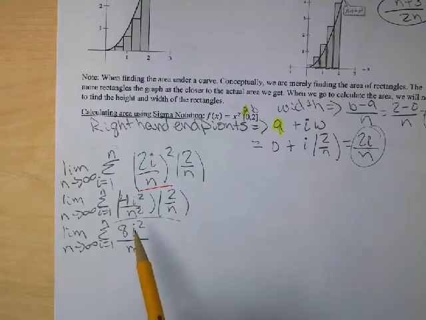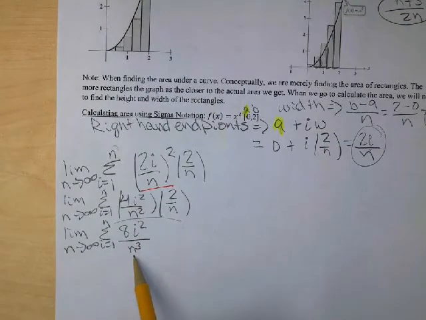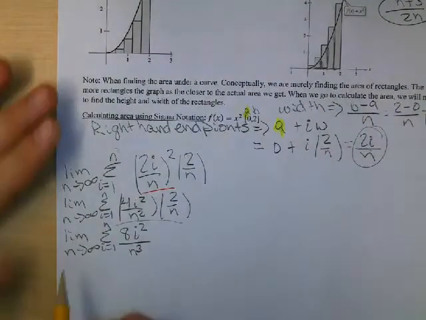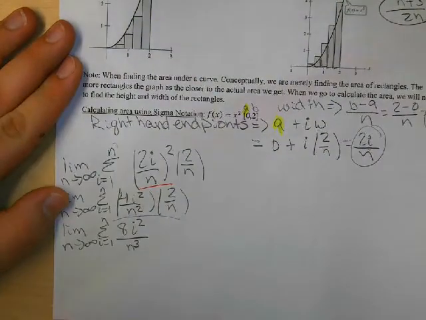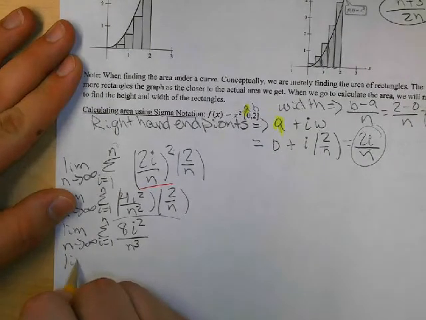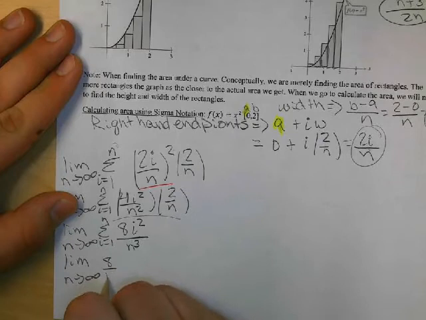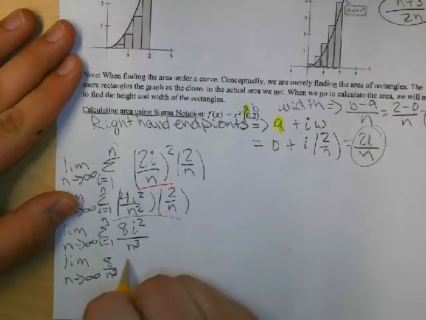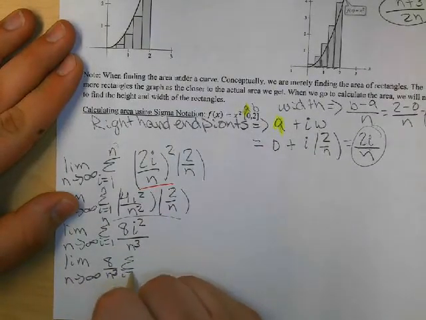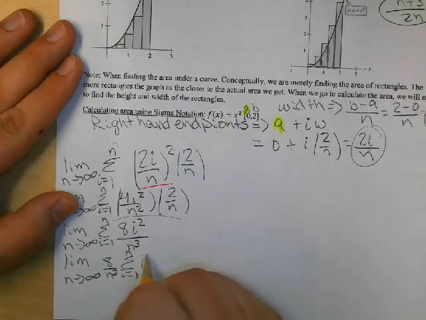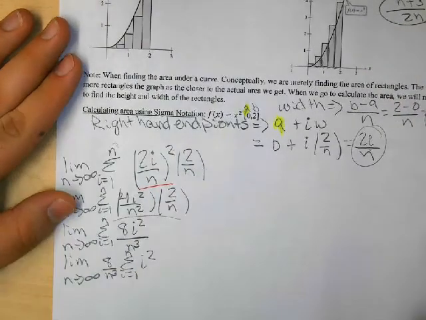So I can treat the n cubed as a constant, and I can also treat the 8 as a constant. So I'm going to rip them out. That's the limit as n approaches infinity of 8 over n cubed times the summation from I equals 1 to n of I squared.